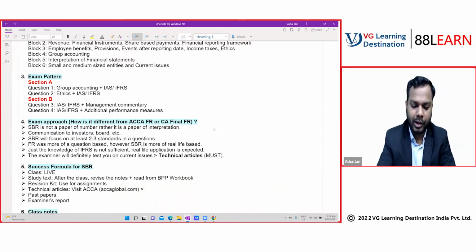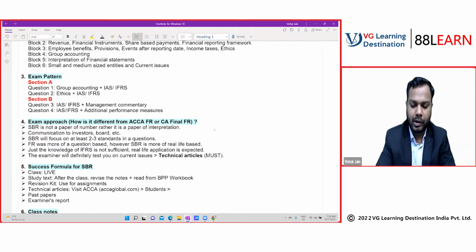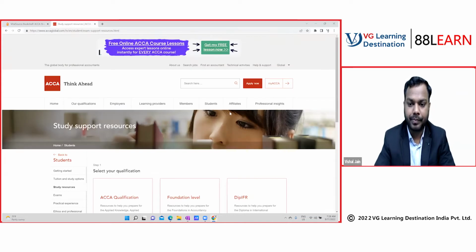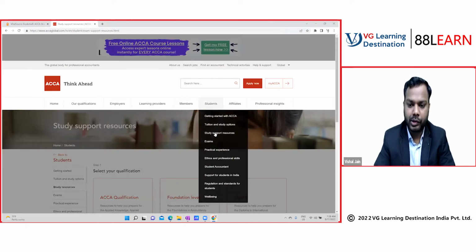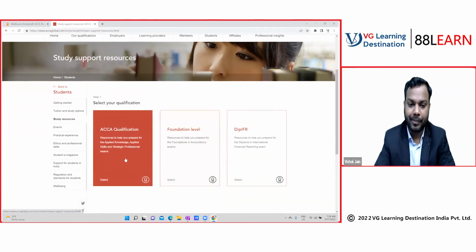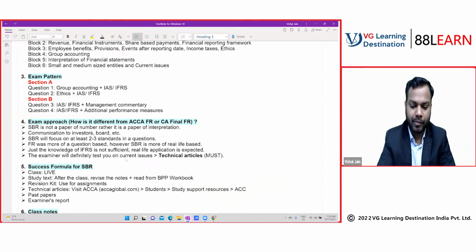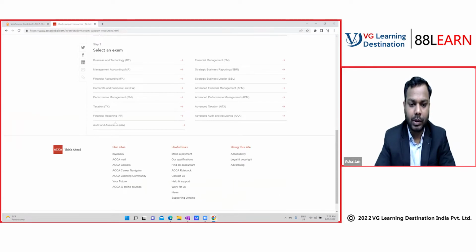After that, visit students, then study support resources, then ACCA qualification. After that, you come to SBR, strategic business reporting.